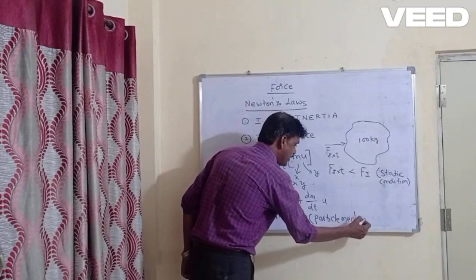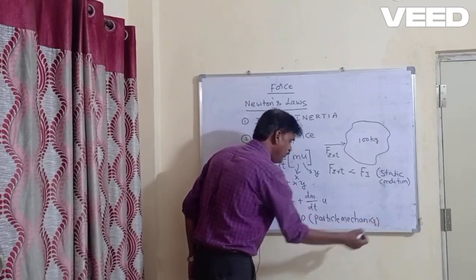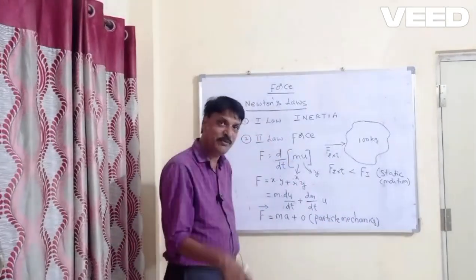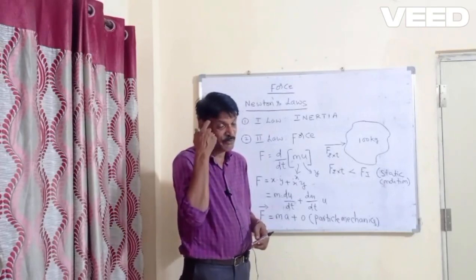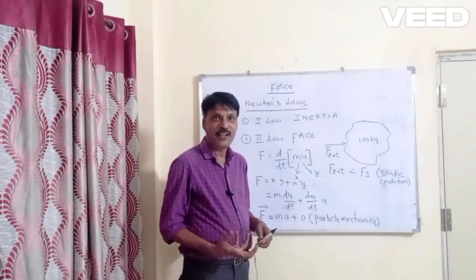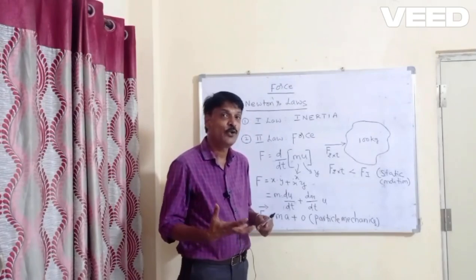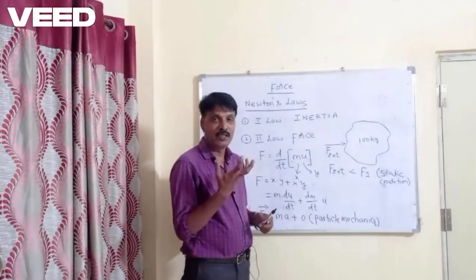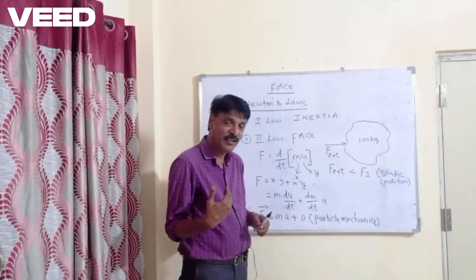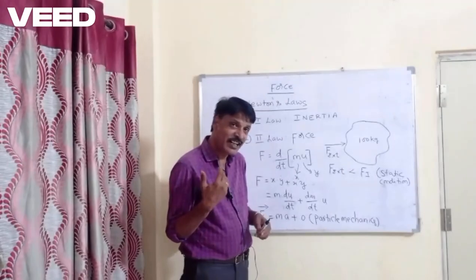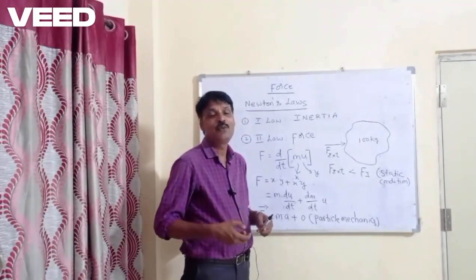But there are situations wherein you come across variable mass. Suppose there is rocket fuel that is being used as a propellant, and when it is getting ignited, the burnt gases pass through a nozzle, and there is a rate of flow of these gases through the nozzle, which gives you the thrust.